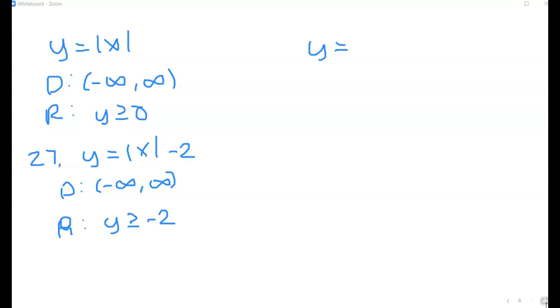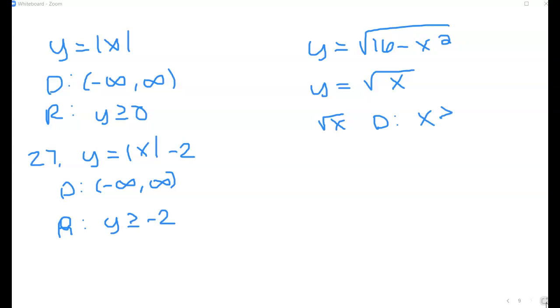Y equaling the square root of 16 minus x squared. Well, this comes from the parent function, the square root of x. The square root of x says that the domain x has to be greater than or equal to 0, and conversely, the range is y greater than or equal to 0.